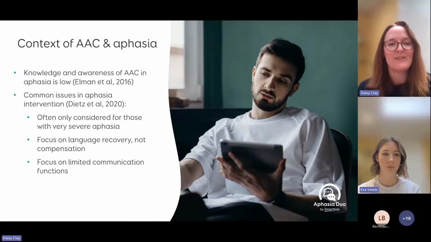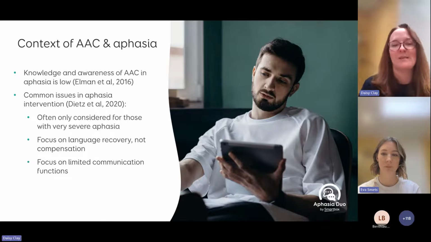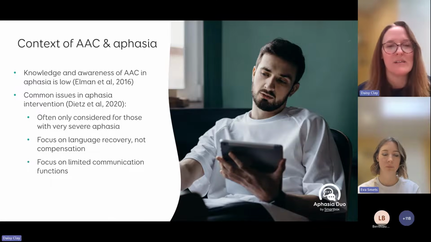There's often a focus on language recovery, so the person has lost skills following their stroke, and the focus of therapy is often on regaining those skills, rather than thinking about how to compensate for that person's difficulties. So how can we help them to communicate whilst we're also helping them to recover language skills?